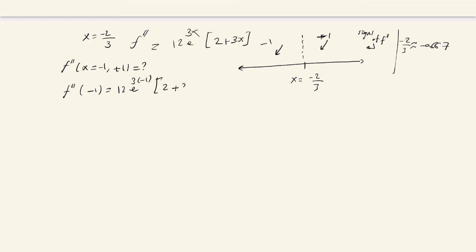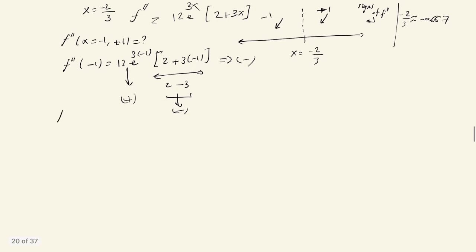So we only care about the second term. Here, it's gonna be 2 minus 3, which is gonna be a negative number. And then positive multiplied by a negative number is negative. Now I will do x equal to 1. The second term is gonna be a positive number, and again, the first term is positive. Positive multiplied by a positive is a positive.